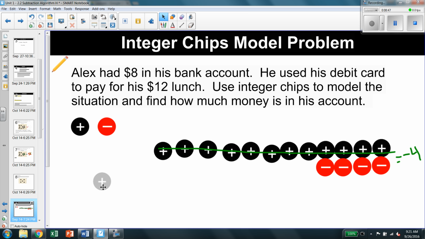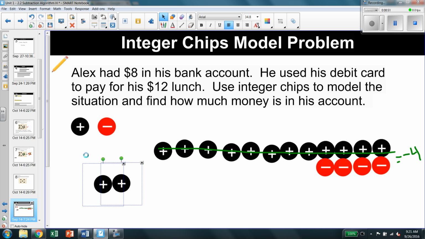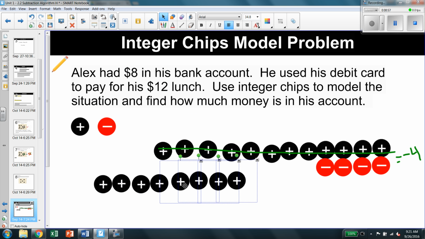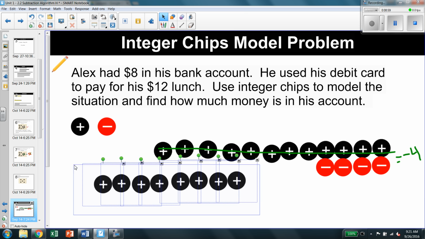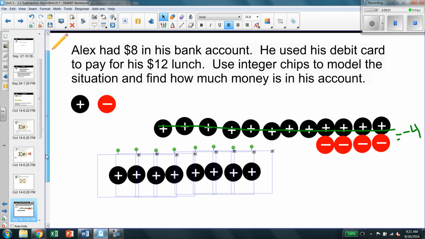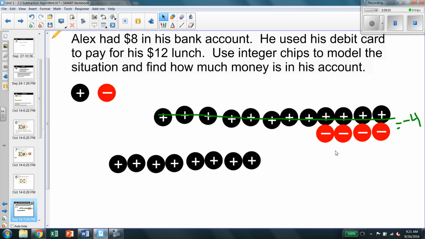Here's his $8, right? Let's try to do this a little bit more expeditiously. So here's his $8, and instead of adding in the 0 pairs like we did and then taking things away, we could just take the 12 that he's spending and use it as negatives to represent that he's spending 12, right?